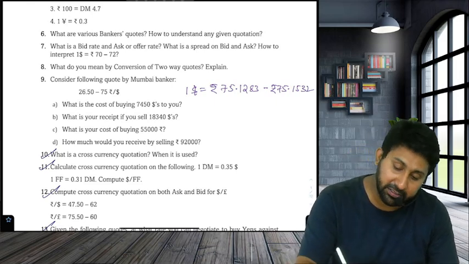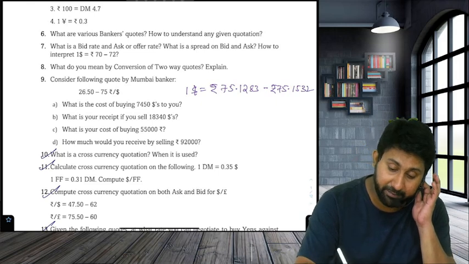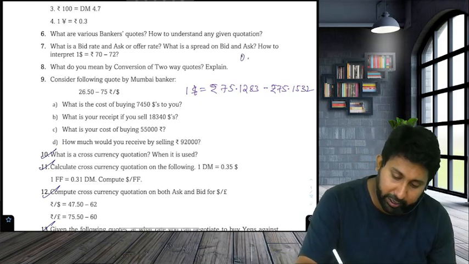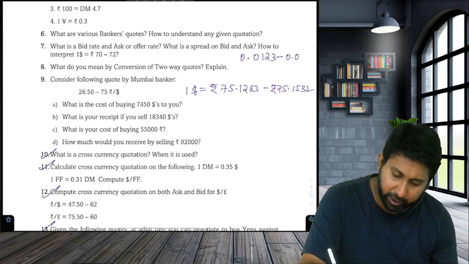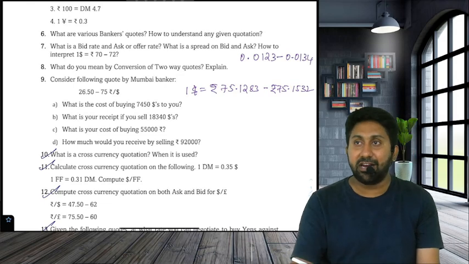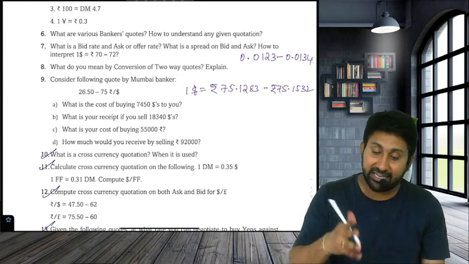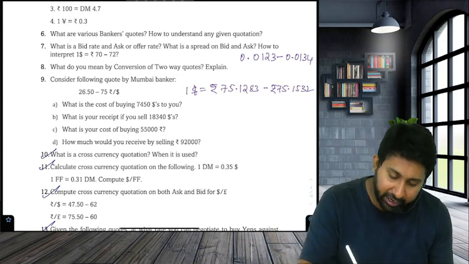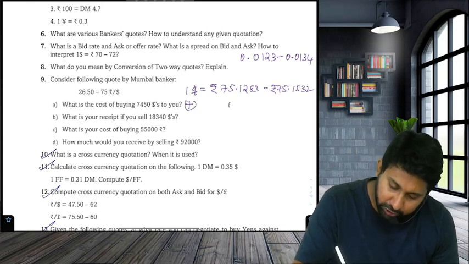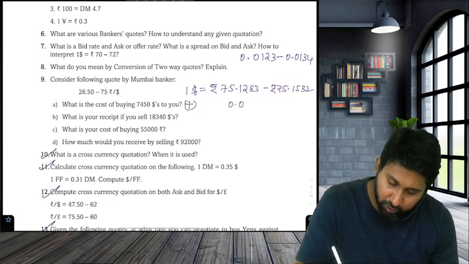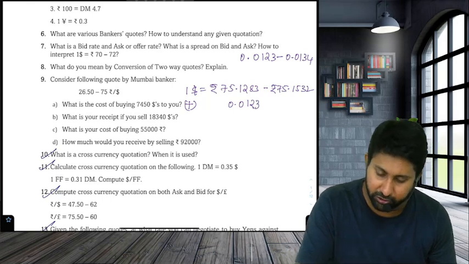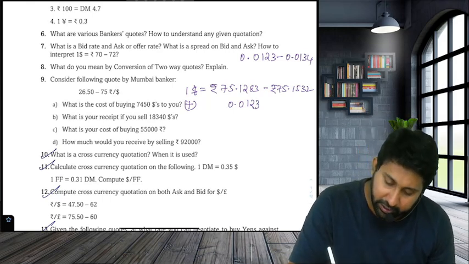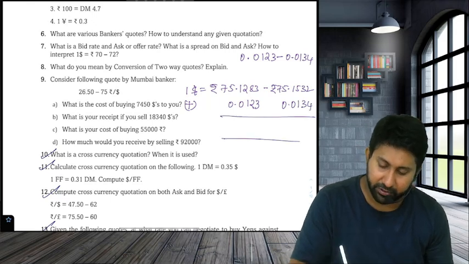I have given swap points, ticks, in this way: 0.0123 dash 0.0134. This is given in ascending, increasing trend. We have to add. So add 0.0123, next 0.0134. Add it. Take calculators, everyone.